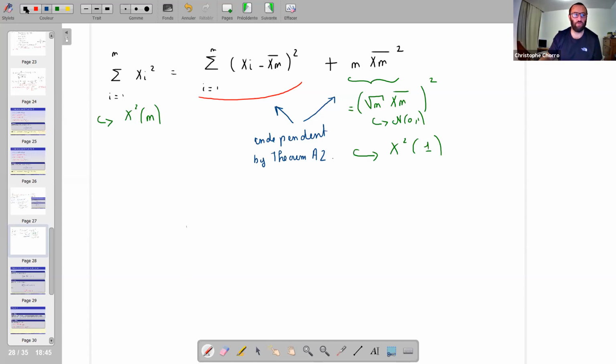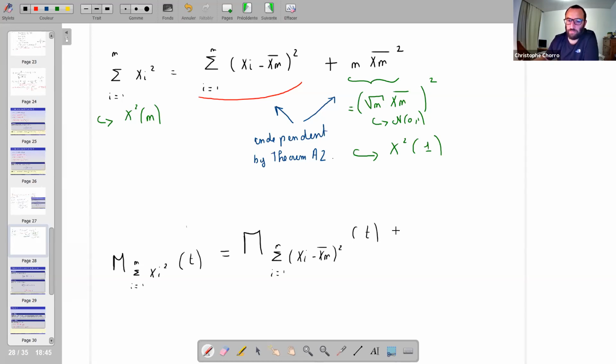Now if I want to compute the distribution of this one, I can use the moment generating function. The moment generating function of the sum from i equal to 1 to n of Xi squared at the point t will be equal to the moment generating function of the sum I am interested in, at the point t, multiplied by the other one, by independence.